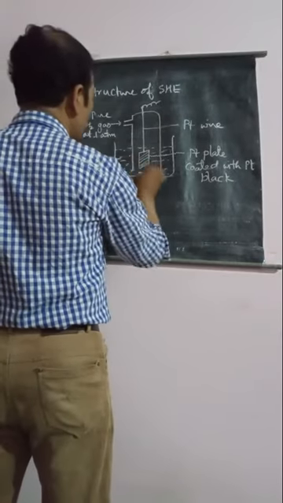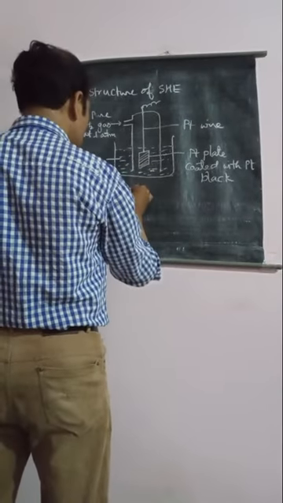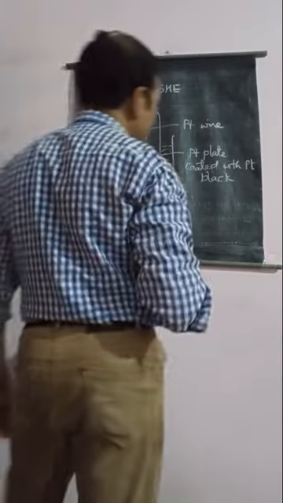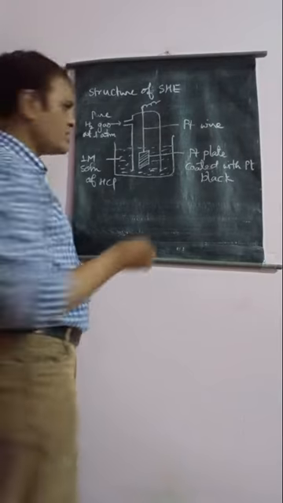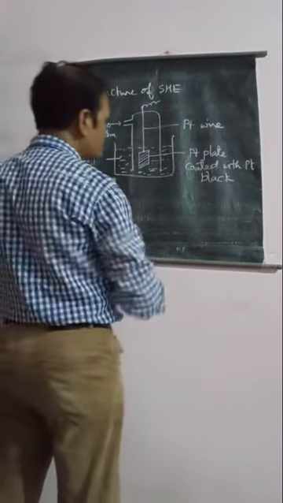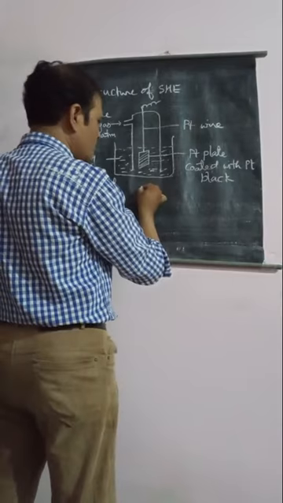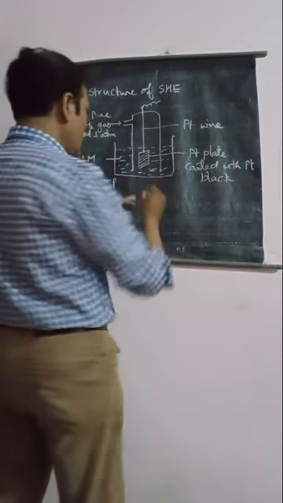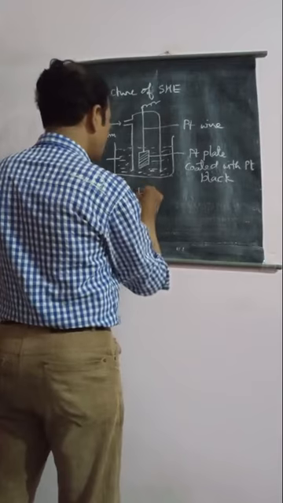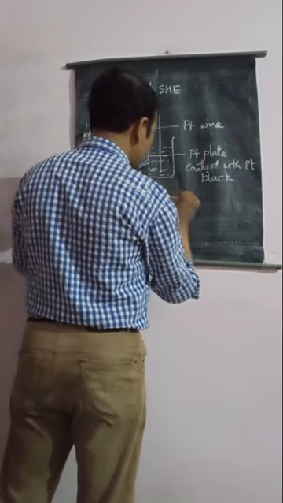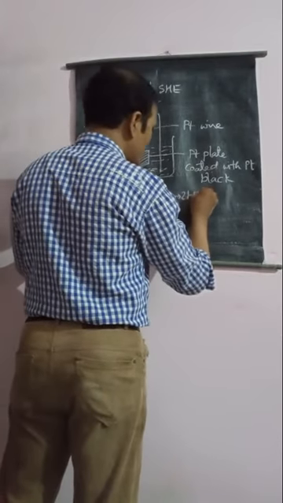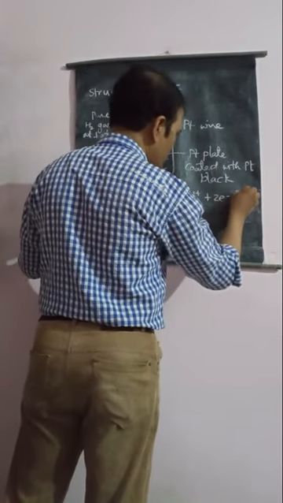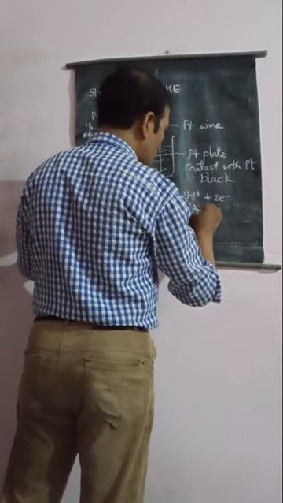Two types of reactions take place: either an oxidation reaction takes place at the standard hydrogen electrode, or a reduction reaction takes place at the standard hydrogen electrode. If an oxidation reaction takes place, our standard hydrogen electrode will behave as an anode: H2 converts into 2H+ plus 2 electrons, which are released.